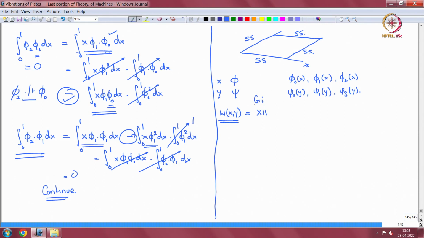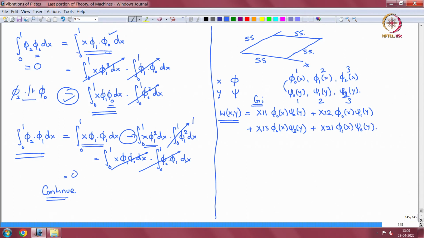The g's are these: x11 phi 0 of x chi 0 of y, these two, plus x12 phi 0 of x chi 1 of y, plus x13 phi 0 of x chi 2 of y, plus x21 phi 1 of x chi 0 of y, and so on.